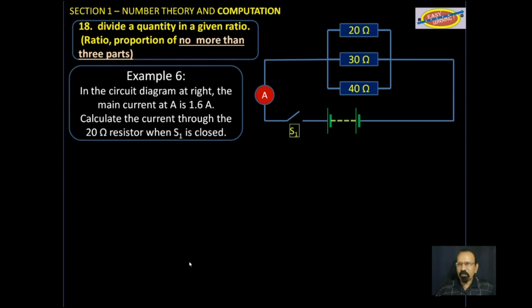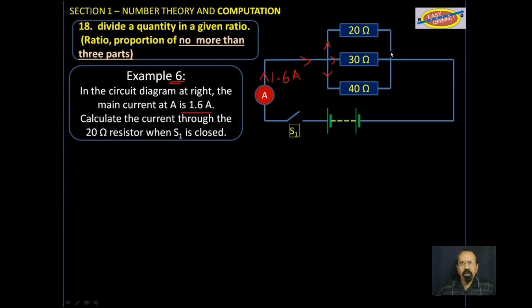Now this one is similar to example 5 that we just did, except now we have 3 resistors. And this time the current is 1.6 amp that flows here and there. And this time it splits 3 ways: through the 20 ohm resistor, through the 30 ohm resistor, and through the 40 ohm resistor.